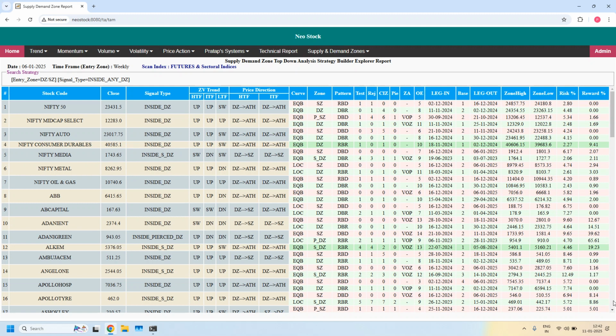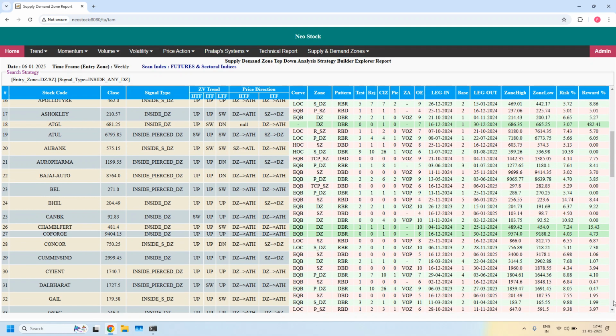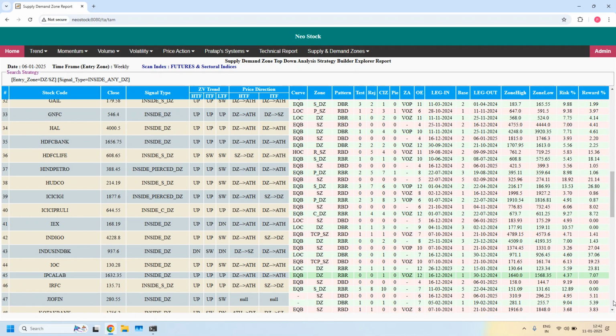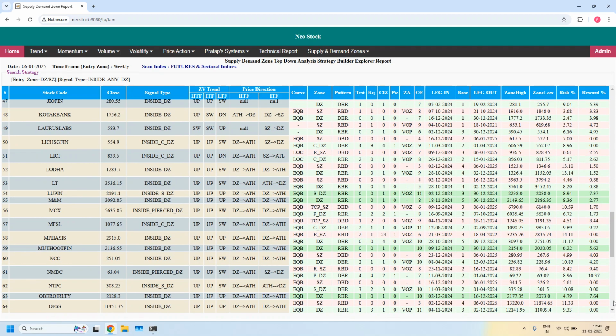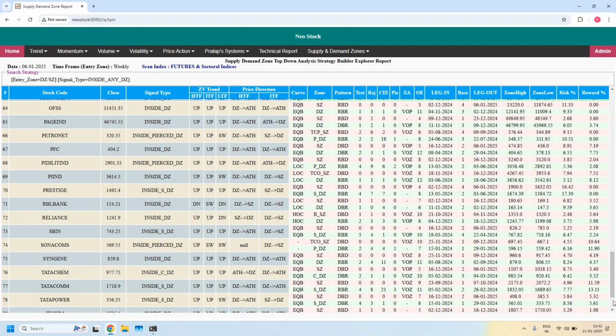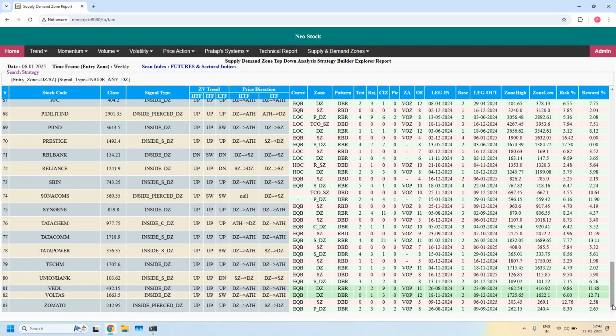Scrolling the list down. So total 83 stocks are closed inside the weekly demand zone, including some pierced demand zones.